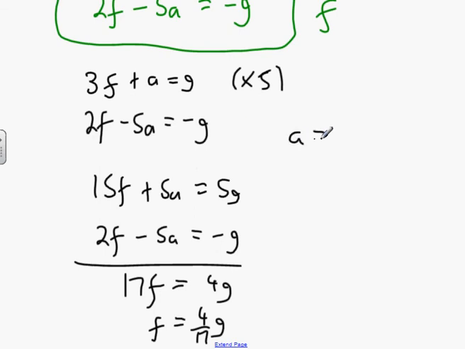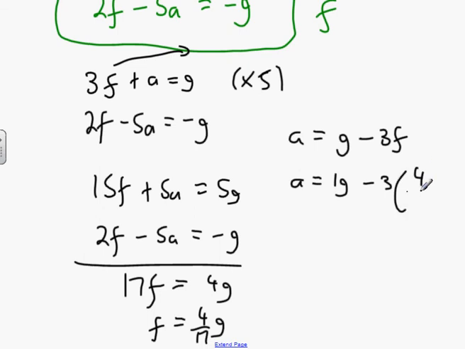Finally, figure out what A is then. A equals G minus 3F from just bringing that over to your side. A equals 1G minus 3 times 4 over 17G. That's 17 over 17 minus 12 over 17. A is going to be 5 over 17, is it? Now, one last second.